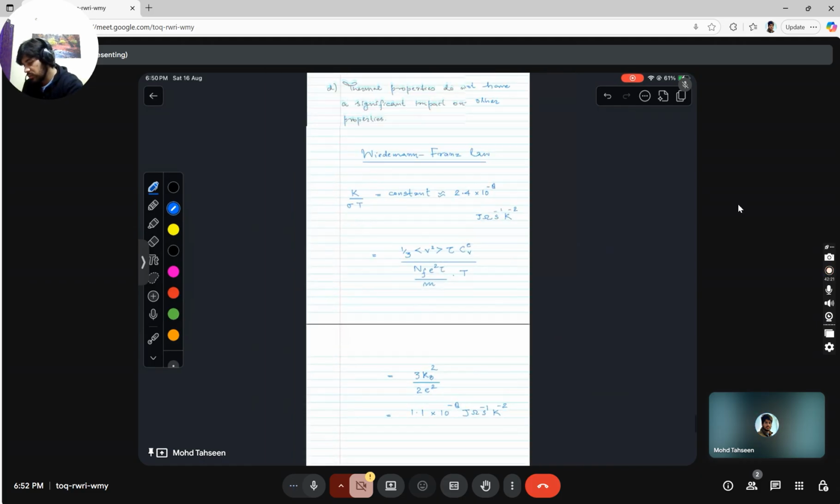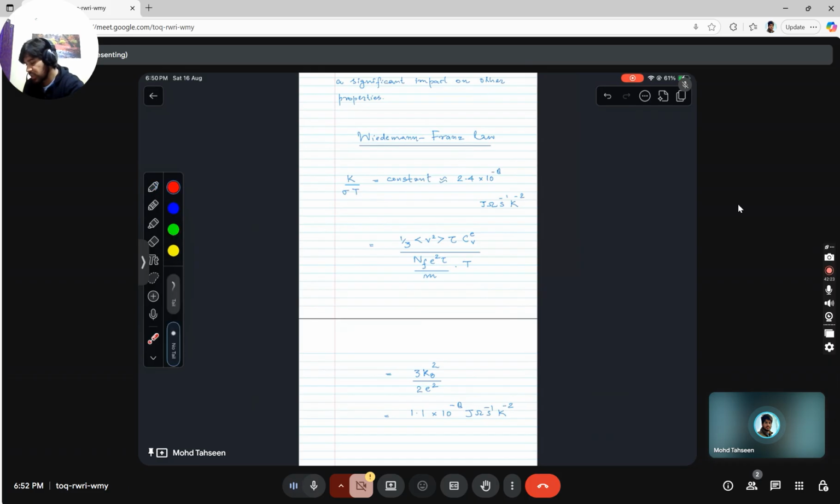So if we look at the ratio of these two quantities, we are quite close to the experimentally determined values. The Drude model and the experimentally determined values from the Wiedemann-Franz law agree with each other quite well.